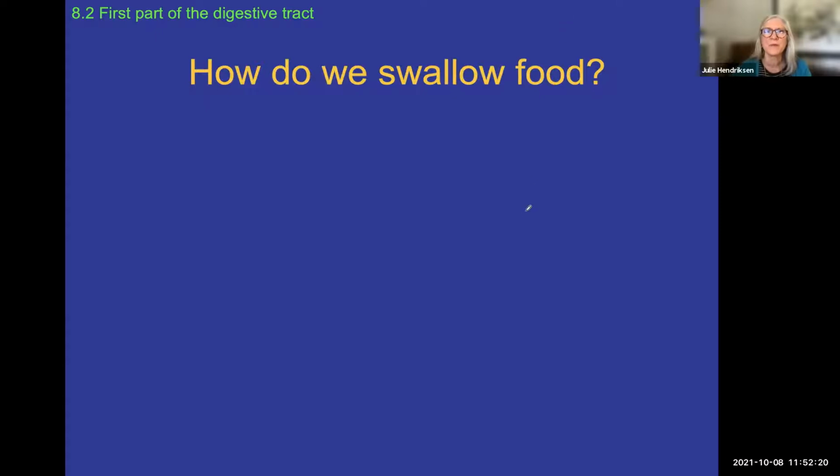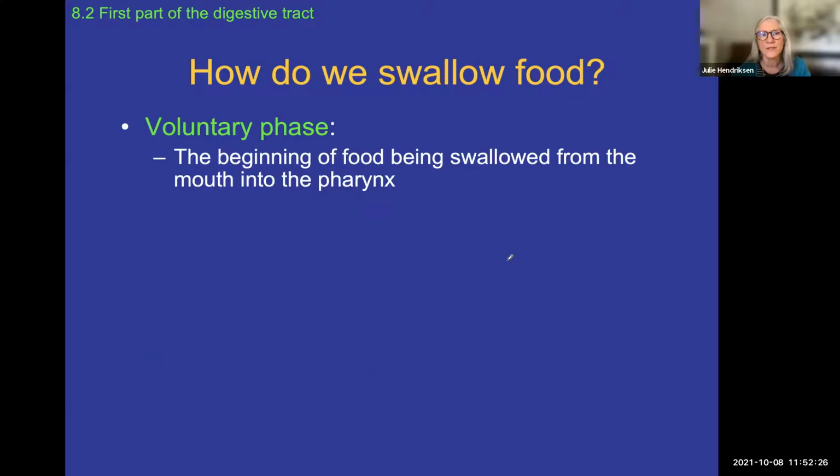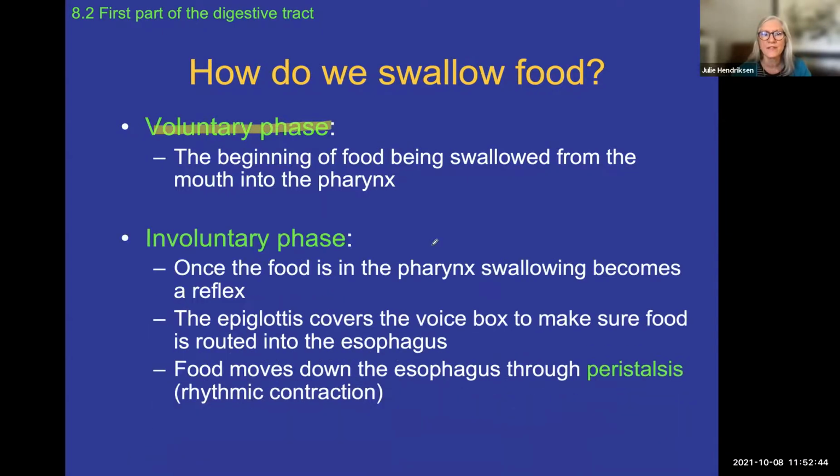So let's think for a moment about the swallowing process. We'll keep it simple, but understand there are two phases. You have a voluntary phase where, of course, you're conscious of chewing, moving the food around with your tongue, and then pushing the food to the back of the pharynx. So that's the voluntary phase. Again, you're conscious of that. And then the involuntary phase is really reflexive.